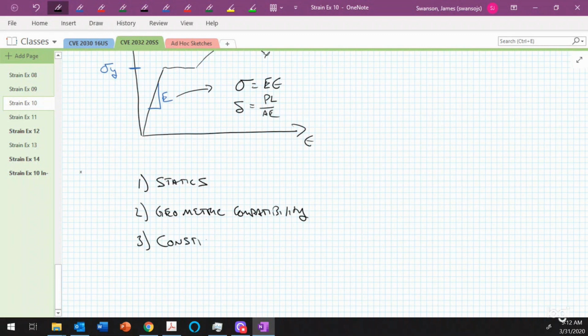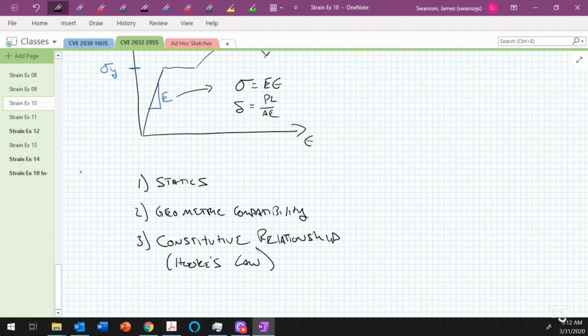Three different names for the same thing, constitutive relationship. I'll write down here in parentheses Hooke's law.